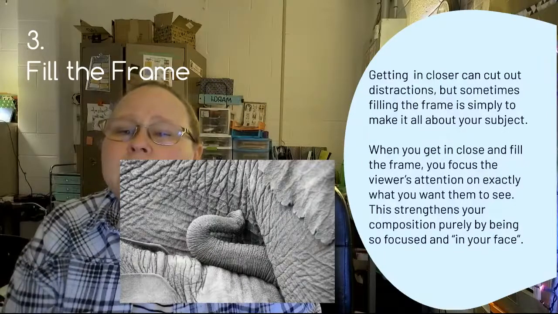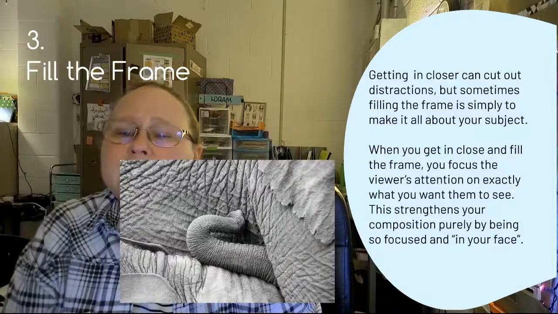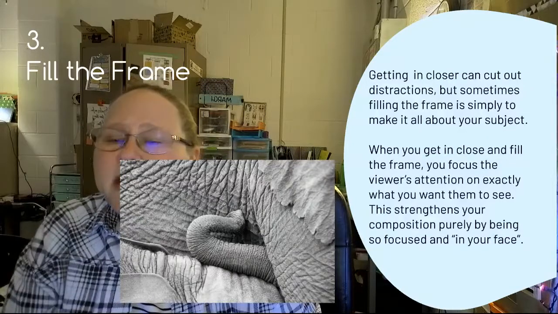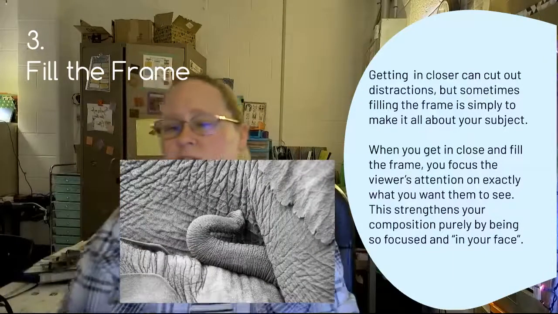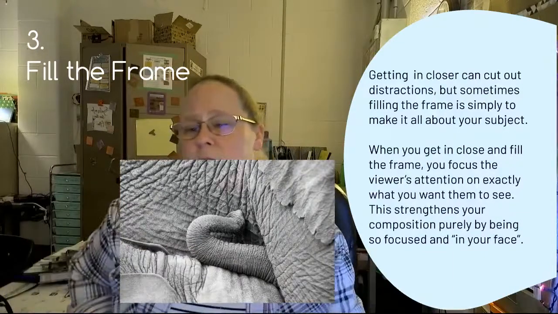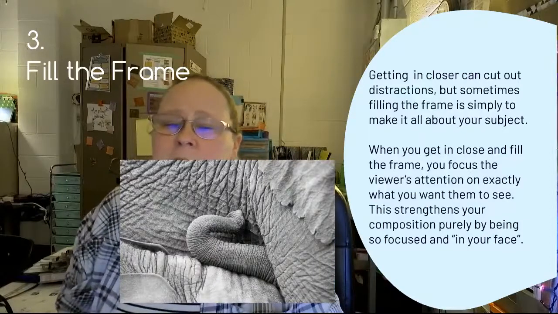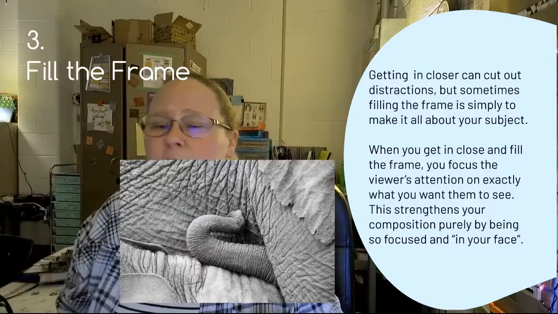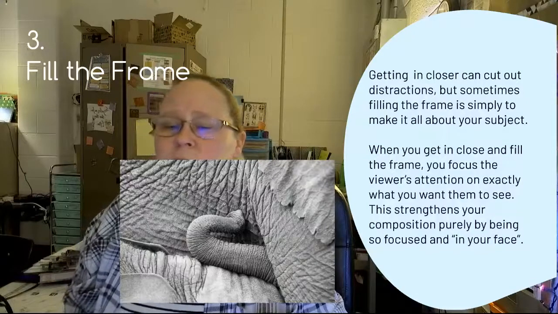And you can do that by getting in close to simplify your subject. This is actually a photograph of a mother elephant and a baby elephant cuddling. And the photographer really wanted you to focus in on the baby's interaction with its mother.